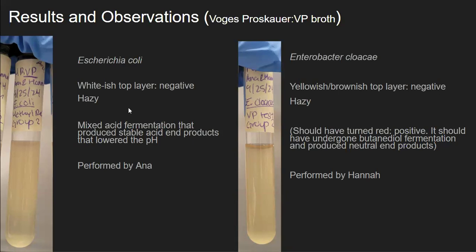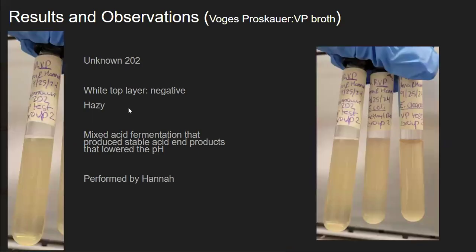It should have turned red, positive. It should have undergone butanediol fermentation and produced neutral end products. And for unknown 202, it had a white top layer indicating that it was a negative reaction and hazy. Mixed acid fermentation that produced stable acid end products that lowered the pH.